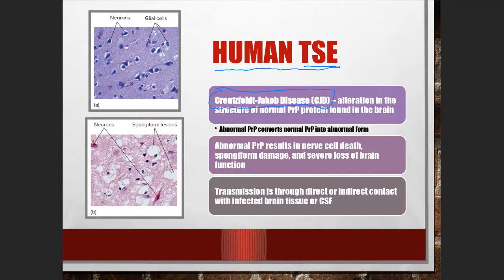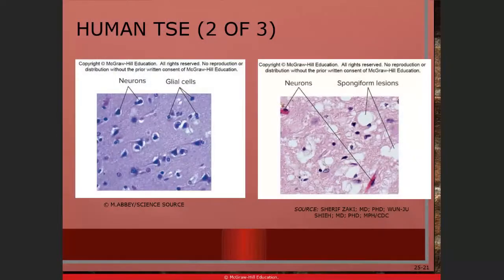So you see the brain cell is kind of broken down over here. It's not that nice and compact like the normal brain. Okay, so it's causing damage in the brain cell. Again, just comparing the normal cell with the cell of a person with TSE.